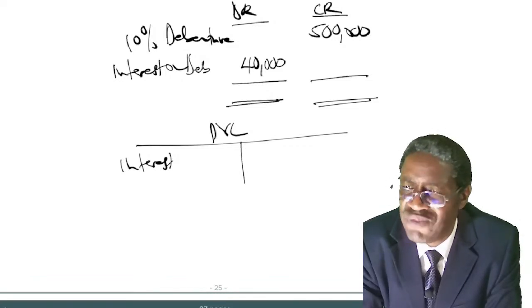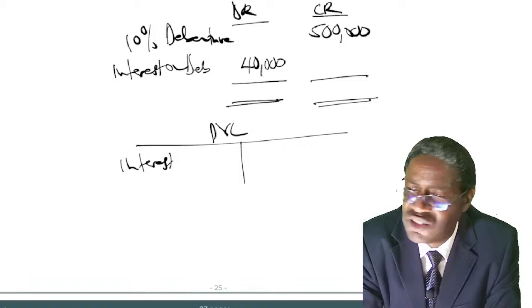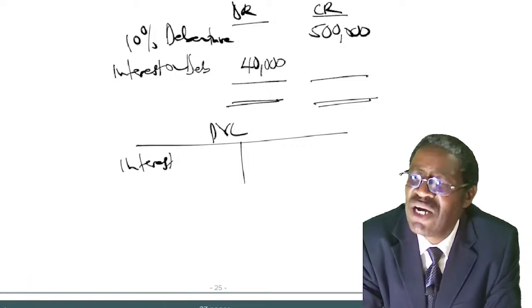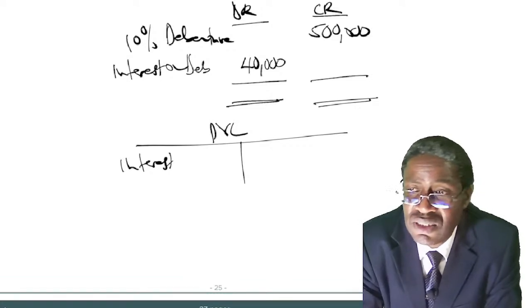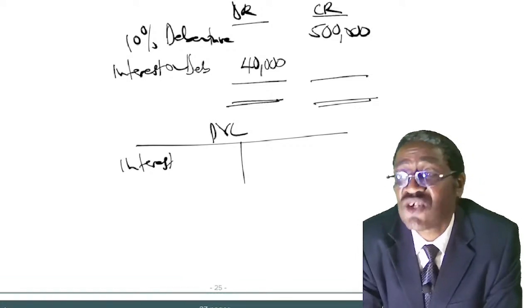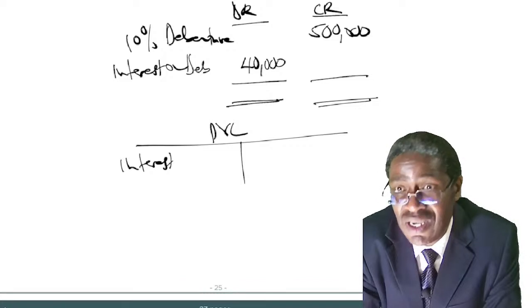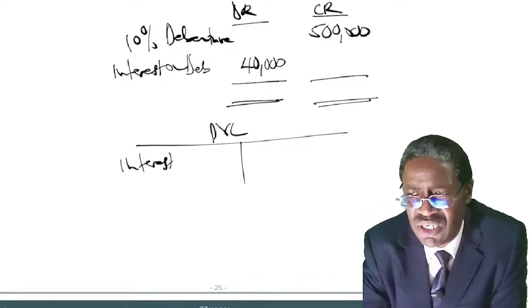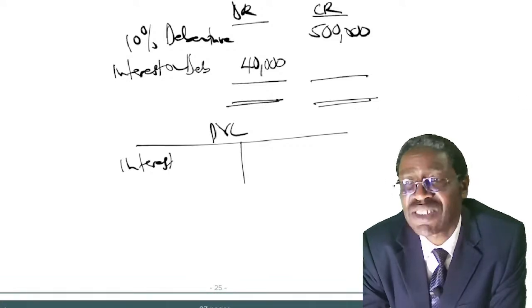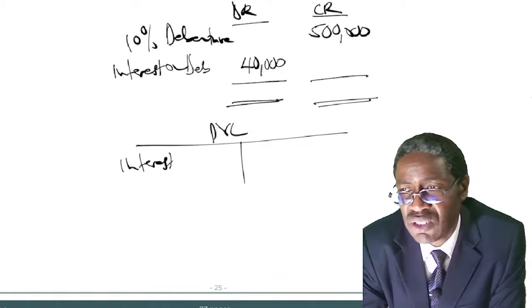You used to do it in financial accounting. I'm only using it to apply to published accounts, but you have done it. So when you are given a trial balance of this nature, how much do you charge to the income statement or the profit and loss as the interest expense? How much?